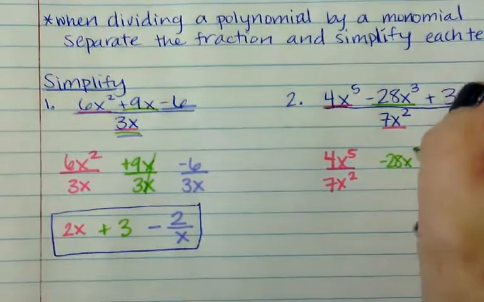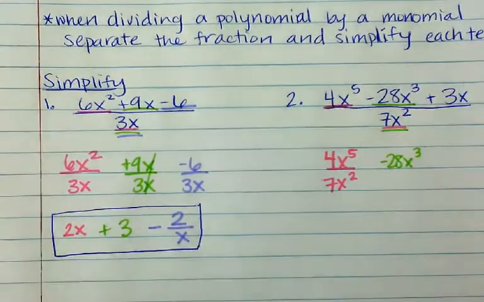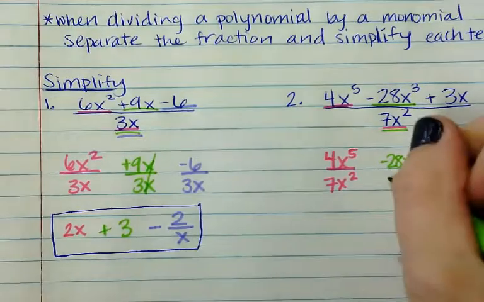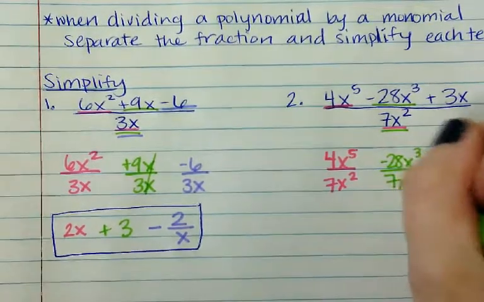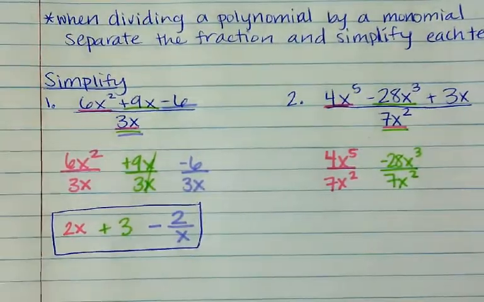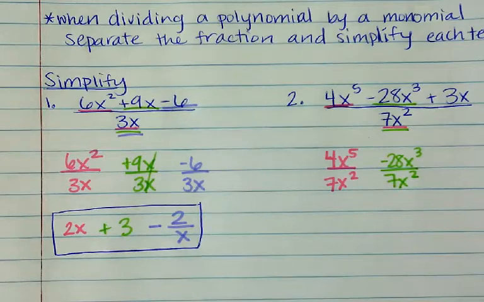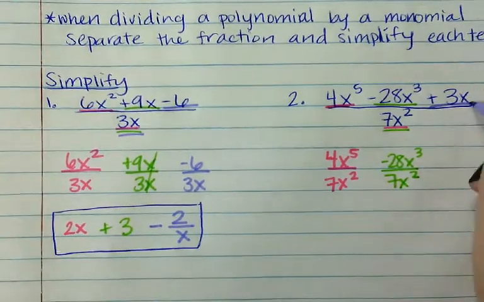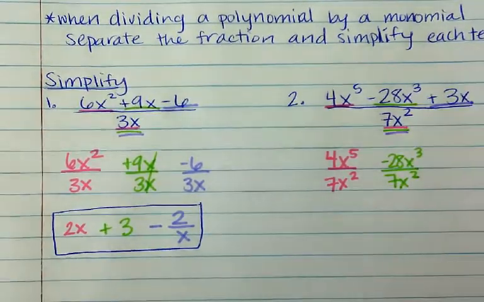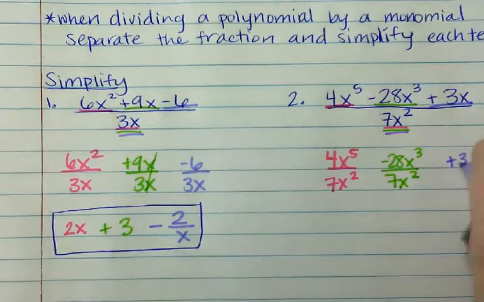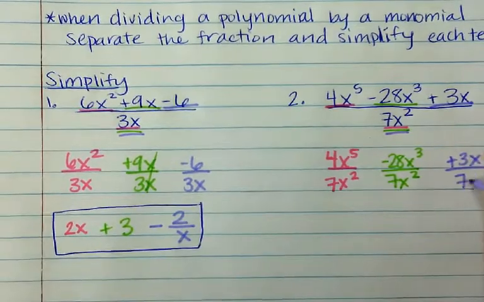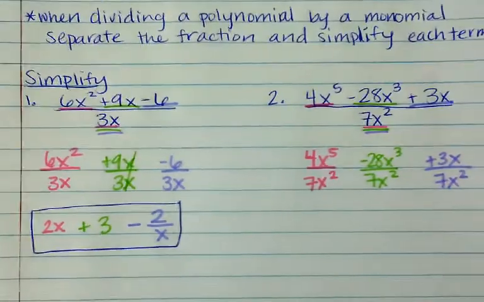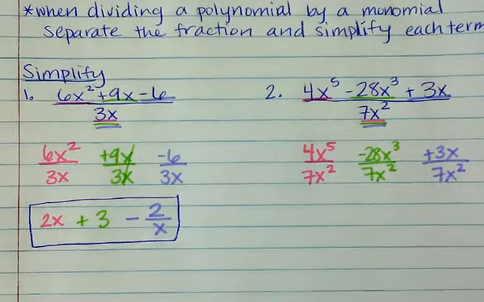Make sure you keep your negatives and your positives with you. Over 7x squared. And last but certainly not least, we're going to have positive 3x over 7x squared. So positive 3x over 7x squared. Y'all good with that?